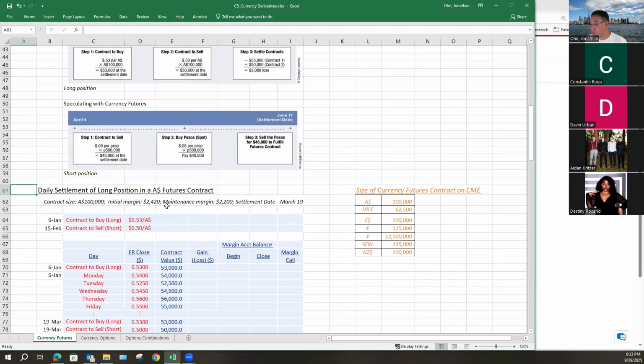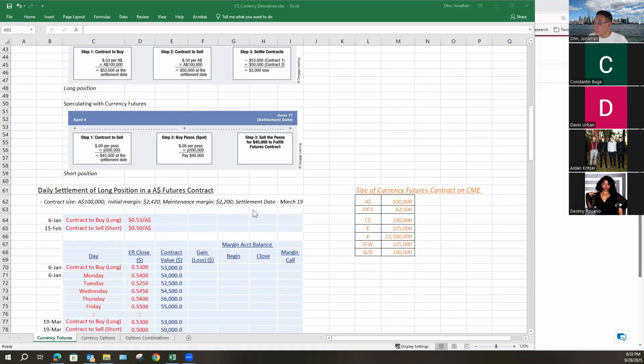The initial margin is not in our textbook, but when I check the exchange market, it is $2,420 for Australian dollar, and the maintenance margin is $2,020. Okay? Currently.